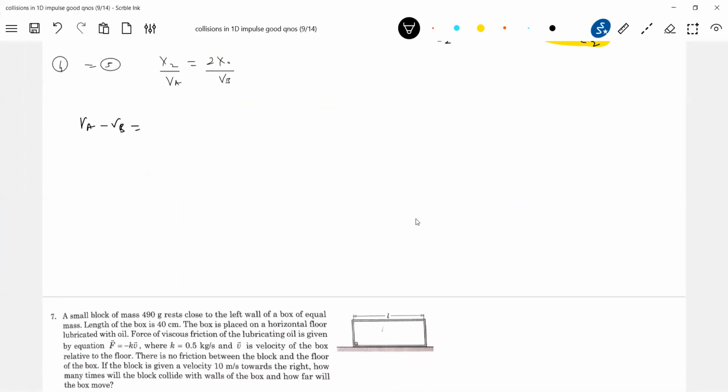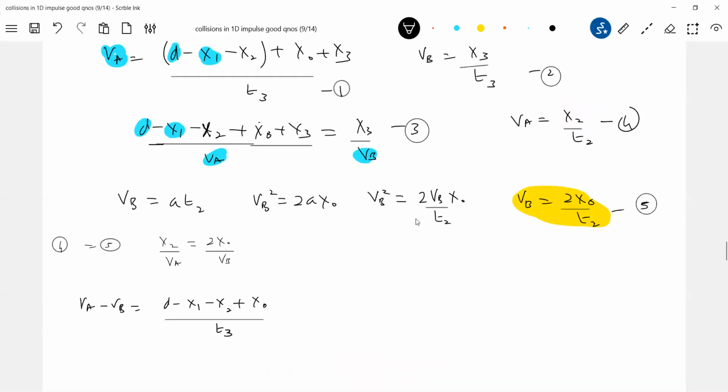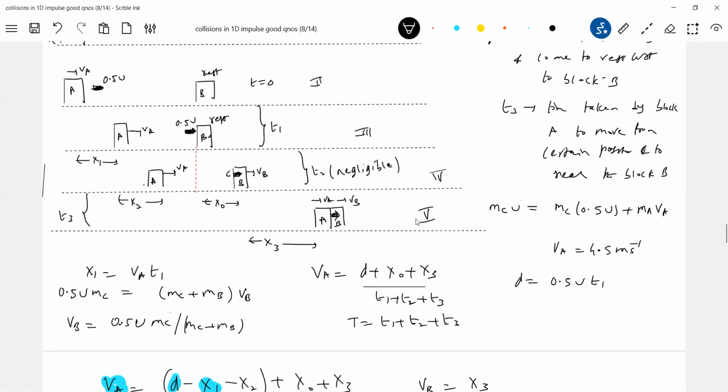So VA minus VB is equal to D minus x1 minus x2 plus x0 by T3. From where is this equation? Between the fourth and fifth diagram. How much distance will block A move to meet block B? D minus x1 minus x2 plus x0 plus x3.